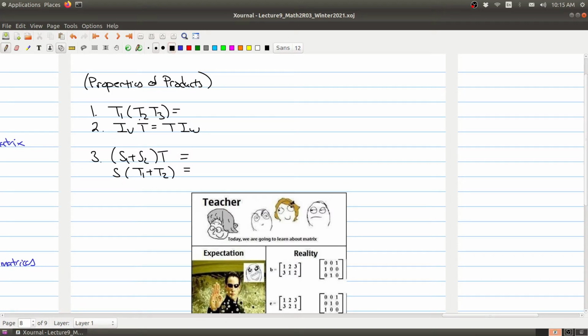I can take T2 and T3, do those first, and then stick the result into T1, and it's the same thing as composing T1 and T2 first and then doing T3. That's the associative property.